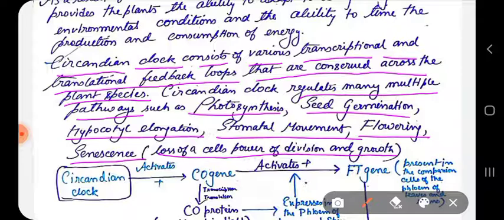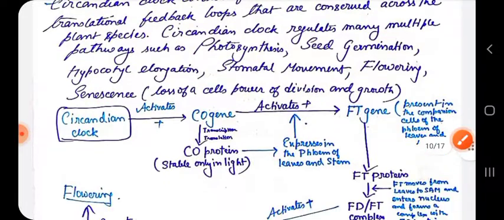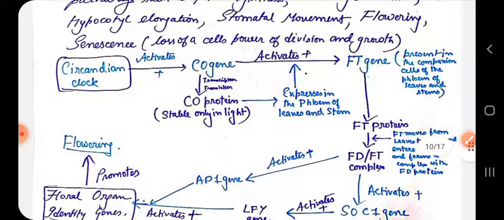Seed germination, hypocotyl elongation, stomatal movement, even flowering is actually regulated by the circadian clock. Leaf and fruit senescence means loss of the power of cell division and growth. Now, how can circadian rhythm affect the growth and formation of the flower? Let us see.